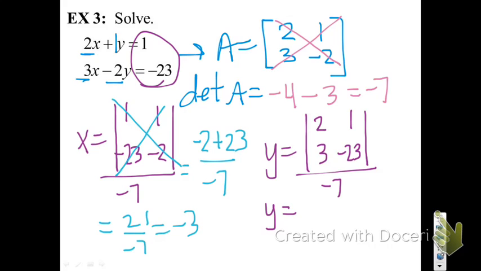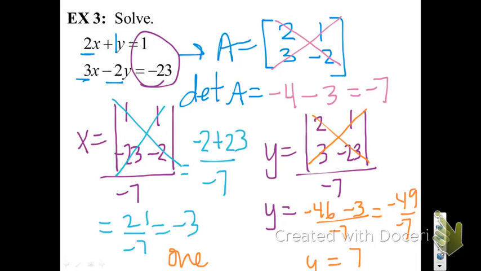So again, you're going to do your diagonals. 2 times negative 23 is negative 46, and our other diagonal here, minus 3, and we're going to divide that by negative 7. So that should give us negative 49 over negative 7, and y equals 7. So this tells us that we have one solution because they are a system and they intersect at negative 3, 7.